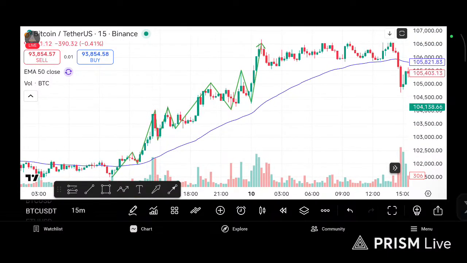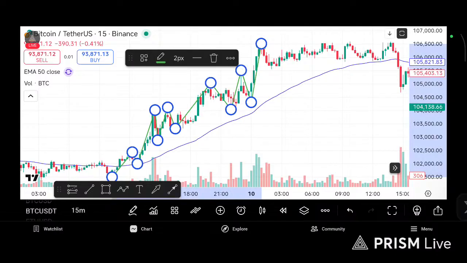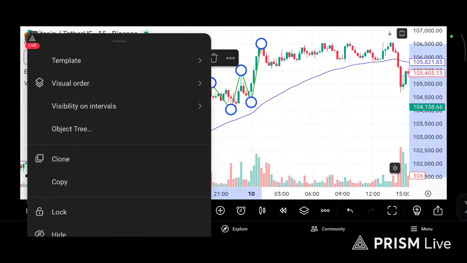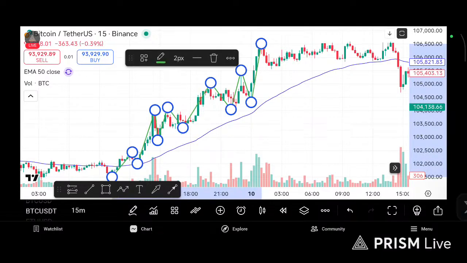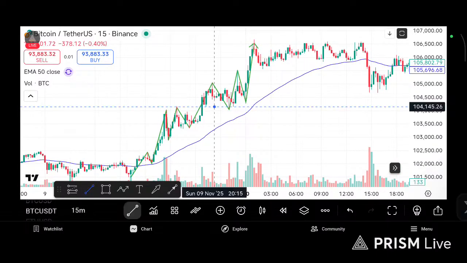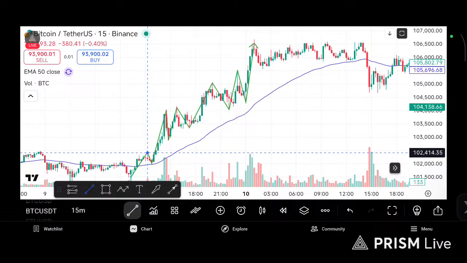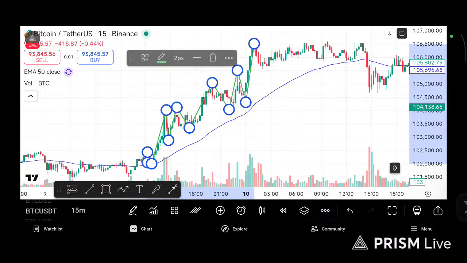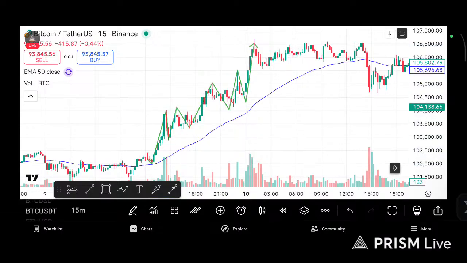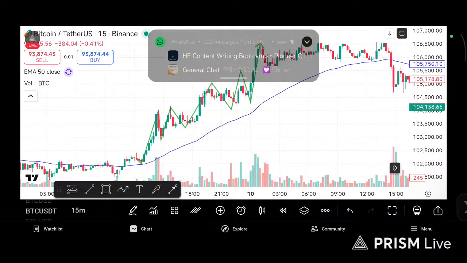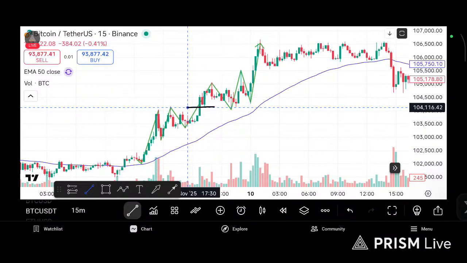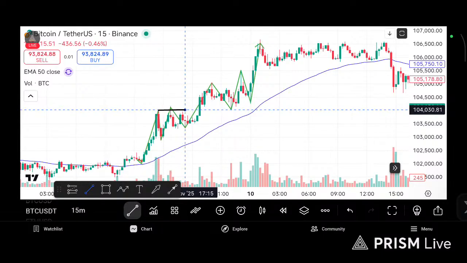So if you can see this well, we can mark this as our break of structure.